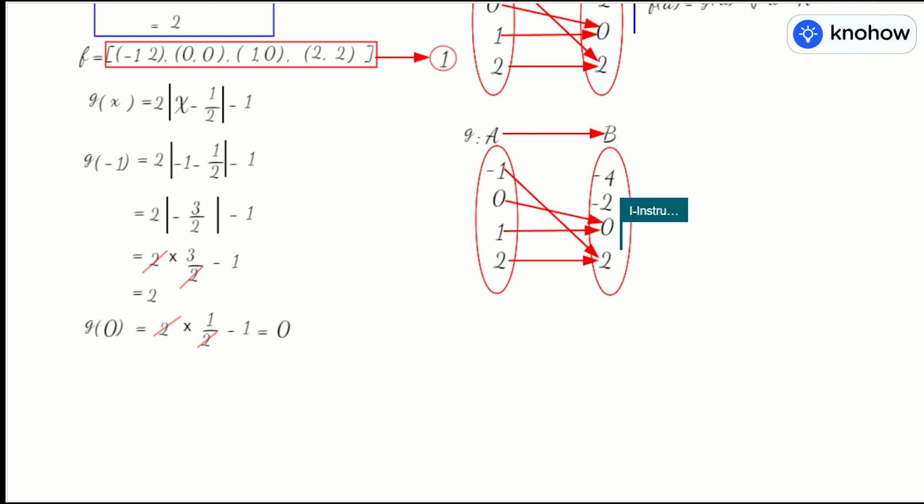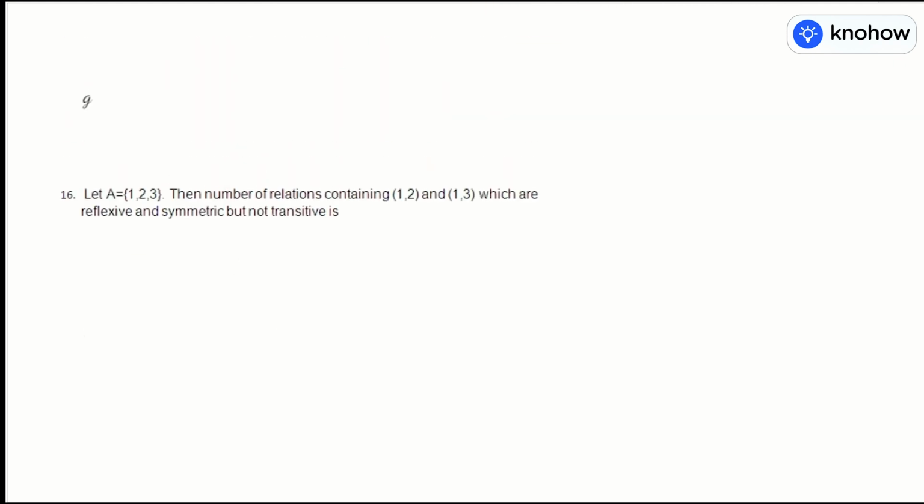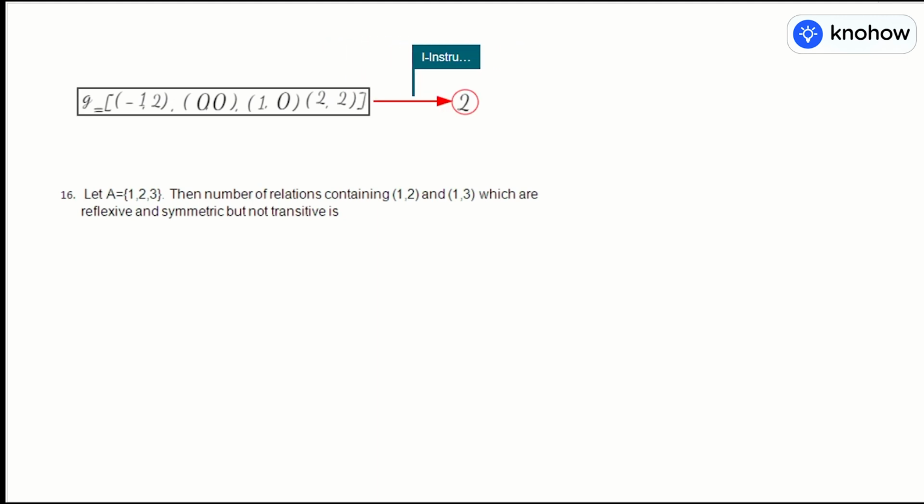Now write all these elements of g in roster form. It is (-1, 2), (0, 0), (1, 0) and also (2, 2). Now you compare the functions f and g.